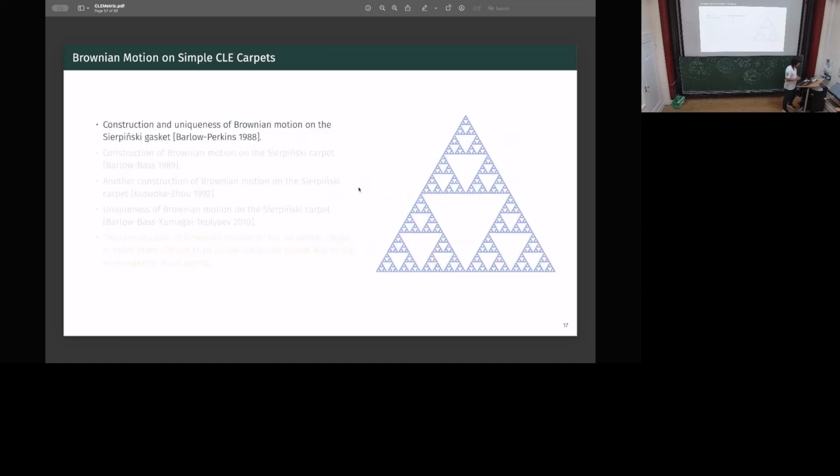Another thing that is related and very interesting is the Brownian motion of this CLE carpet or gasket. So let's first recall some history. The Brownian motion of Sierpinski gasket and carpet. In 1988, Martin Barlow and Perkins constructed a Brownian motion on the Sierpinski gasket, and they also proved the uniqueness of their Brownian motion, and that it satisfies several self-similarity axioms.